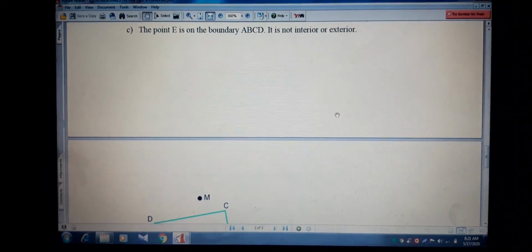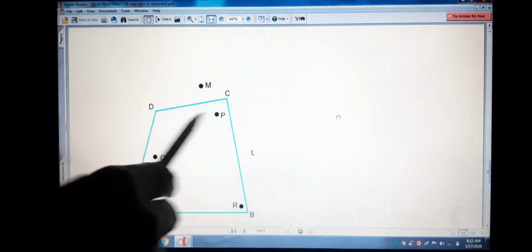The point E is on the boundary ABCD. It is neither interior nor exterior. So P, Q, R are interior points, M and L are exterior points, and this point, you can see, is on the line AB, so it is neither interior nor exterior. It is on the border line of the quadrilateral.